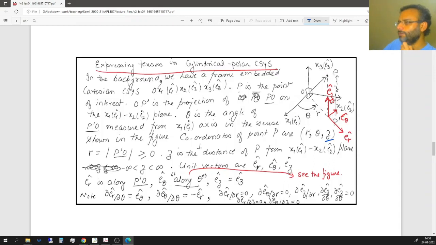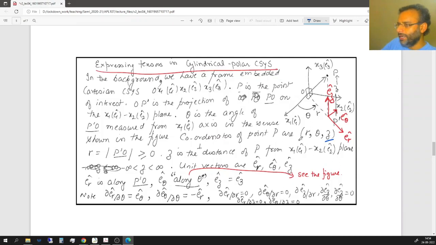The point corresponding to P on this plane is P prime. Now, theta is the angle that this vector P prime O is making with the x1, E1 axis, positive in the sense shown in the diagram.